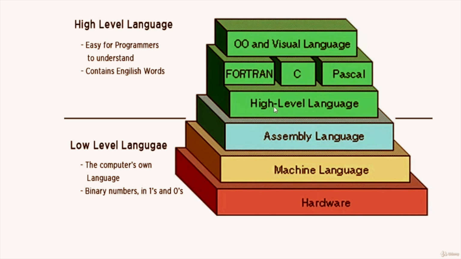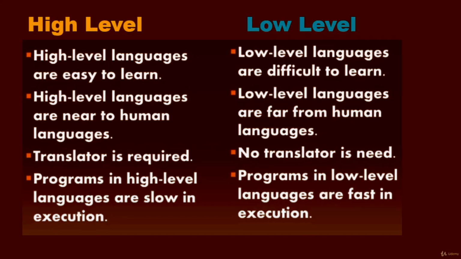Whereas the further away it is, like we've got these lot here, they are further away from the hardware, so they're easier for programmers to understand because they contain English related words, but not for the machine to understand. So for the machine to understand what this block here is saying, it needs to be converted into machine code using a compiler or an interpreter.